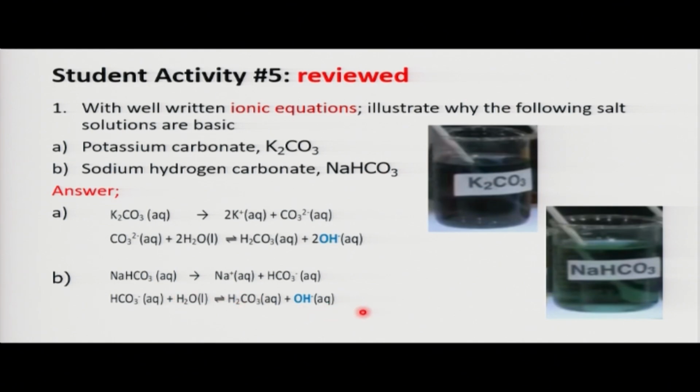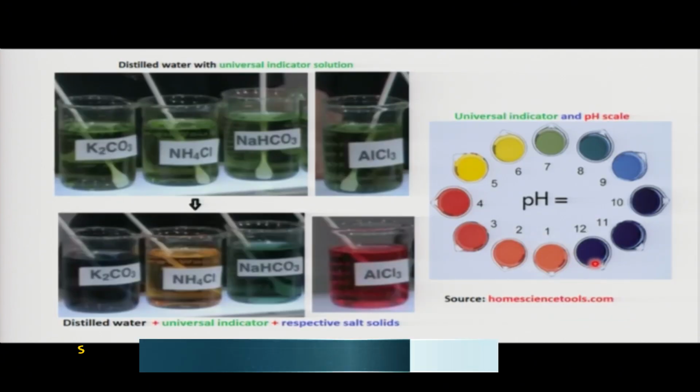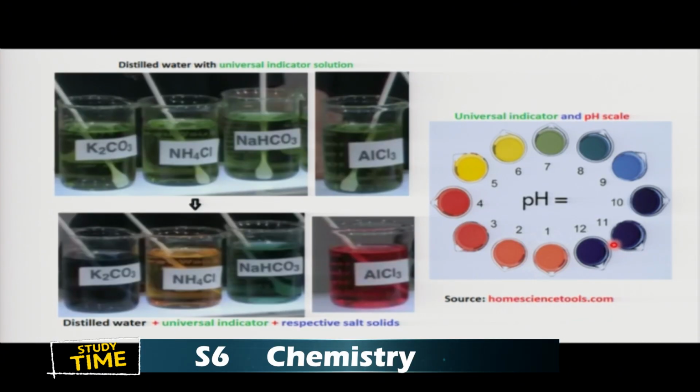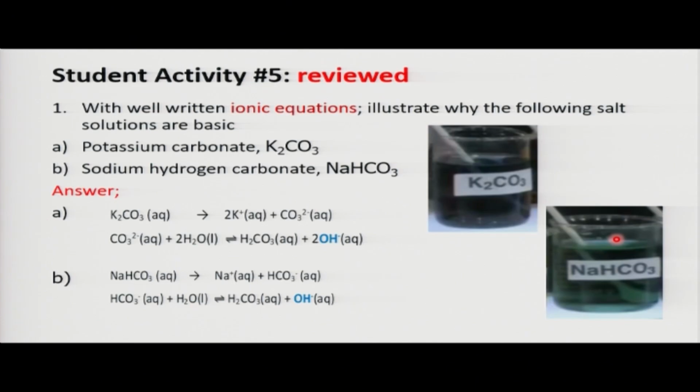There is one thing I need to point out here. As we looked at the pH of potassium carbonate and sodium hydrogen carbonate, you noticed they were different. Potassium carbonate about 11 to 12, then sodium hydrogen carbonate around 8 and 9, indicating one is a stronger base than the other.